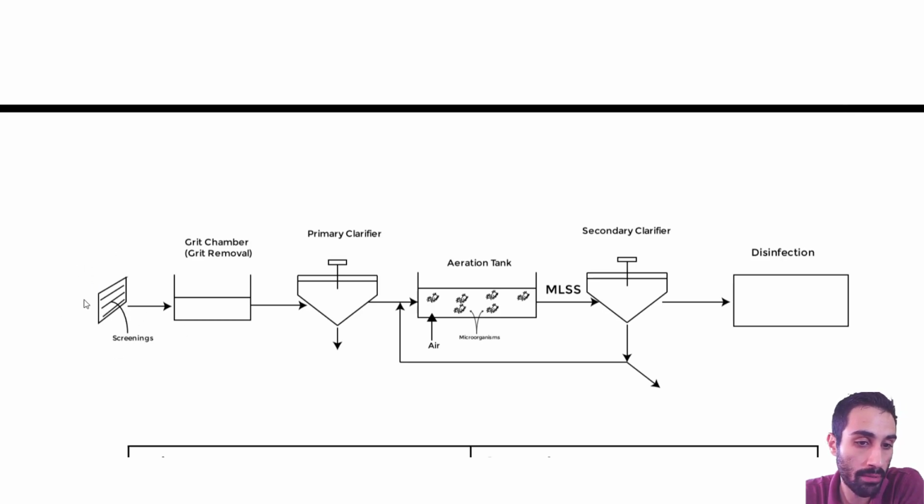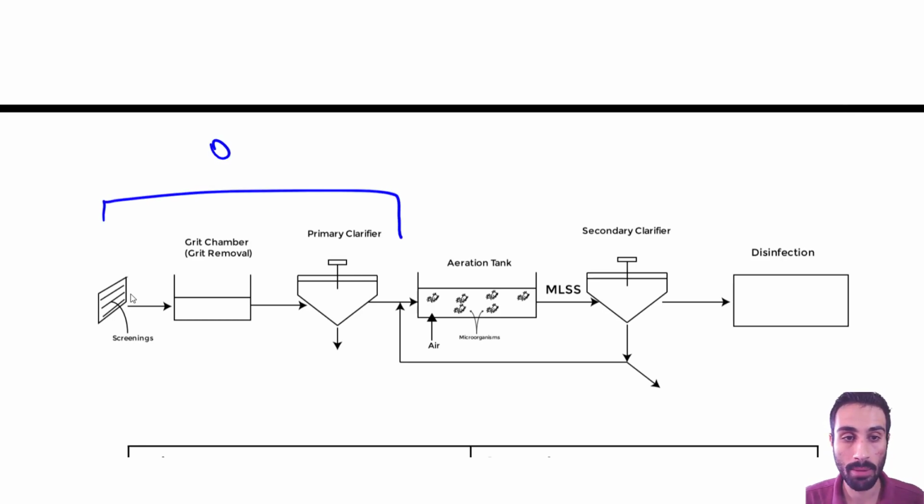So you have the screening, the grit chamber, and the primary clarifier or primary sedimentation basin. Think of it all as the same thing, which is primary treatment. I'll just call it primary.